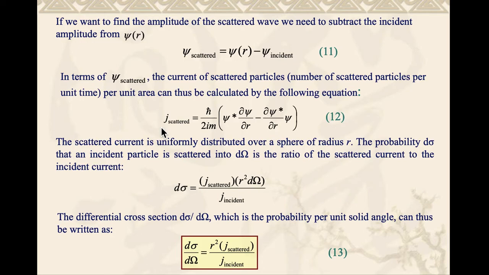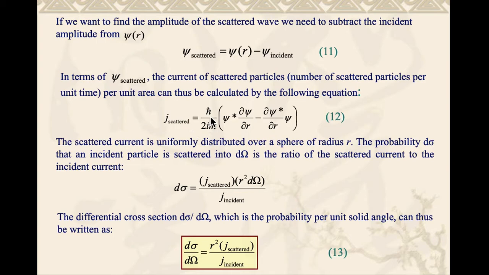And if you consider that current per area, you have the term current density, which is defined as current by area. So, the current of scattered particles per unit area is the current density, and it can be calculated by the following equation. This is a standard equation; you have to know it.